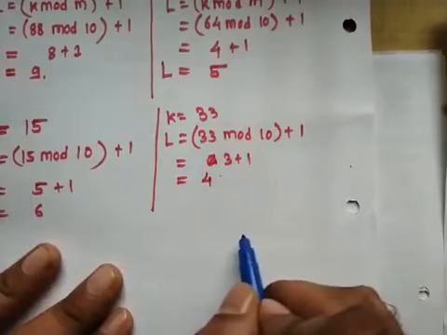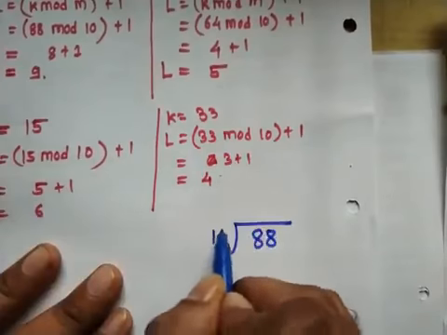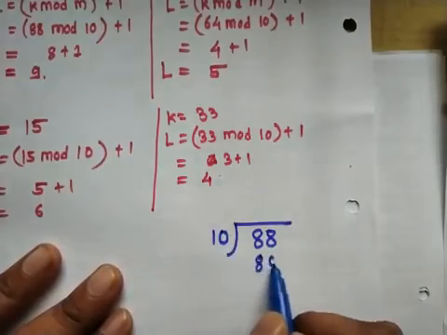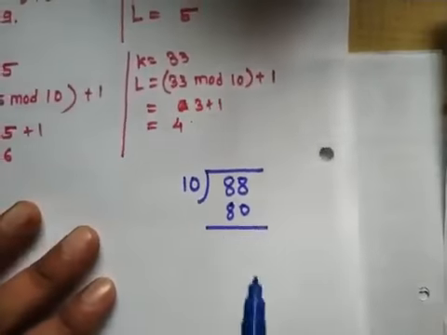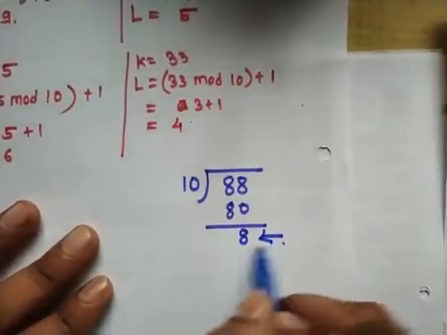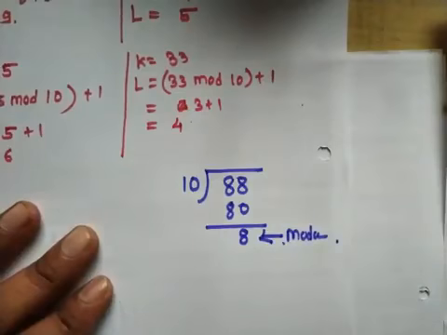Let's take an example, 88 divided by 10. So what is the remainder here? 88 divided by 10, here comes 80, and the remainder is 8. So this is our modulus value.